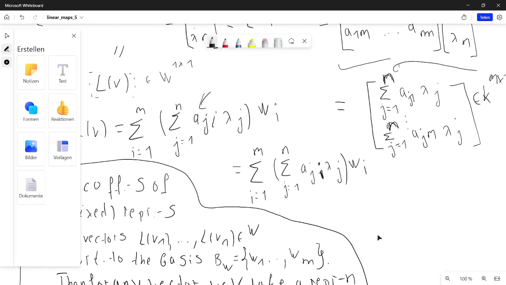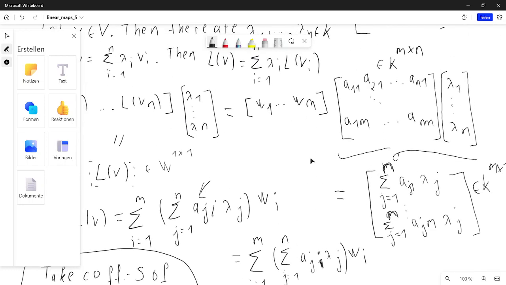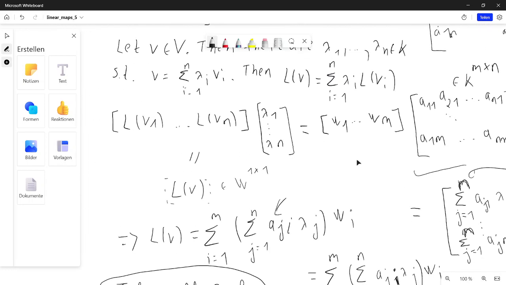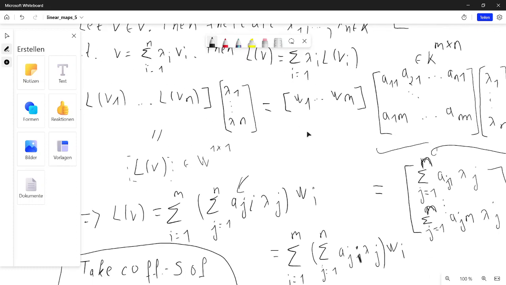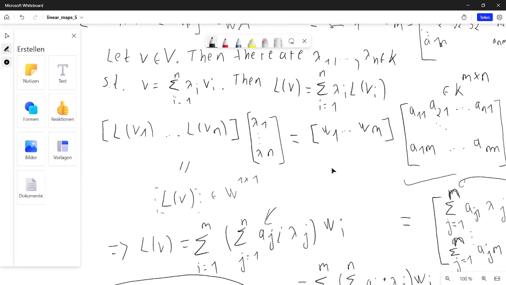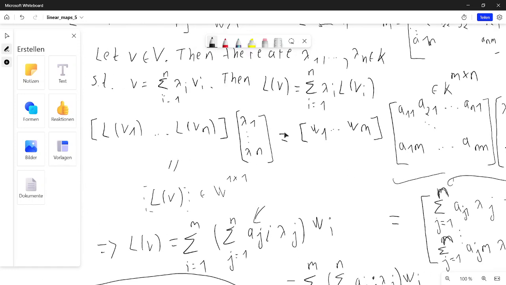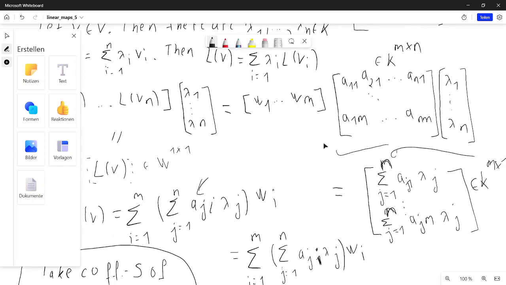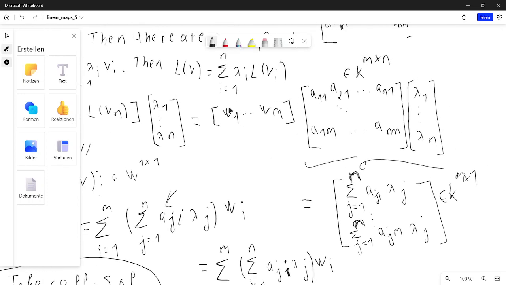Now we'd like to justify this, and for that we just need coordinate maps. We don't need anything else because coordinate maps are exactly the way how these things actually become something tangible, right?